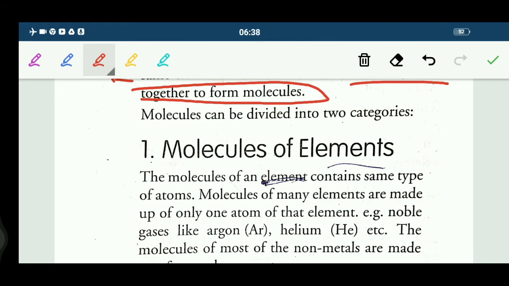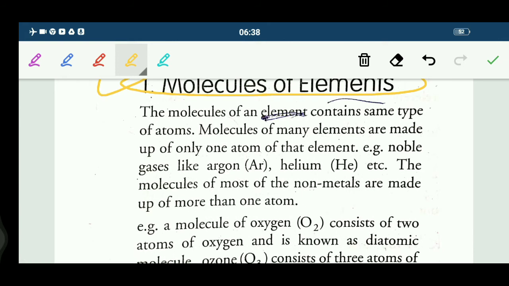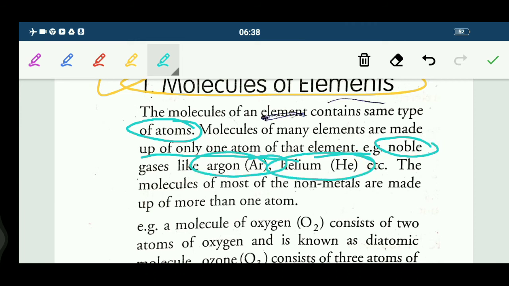Now we have two categories here. We will be discussing only one, that is the molecules of elements. The molecules of an element contain the same type of atoms. Molecules of many elements are made up of only one atom of that element. Example, noble gases like argon, helium, etc.